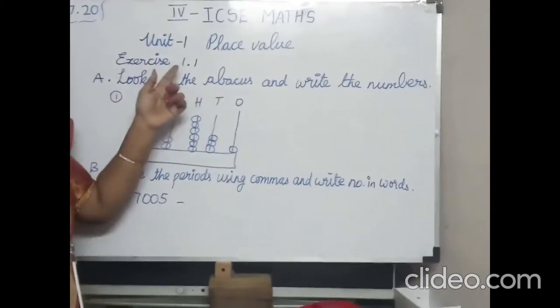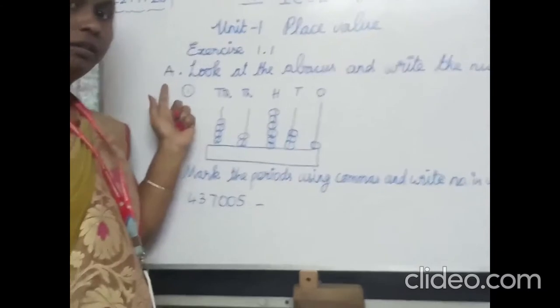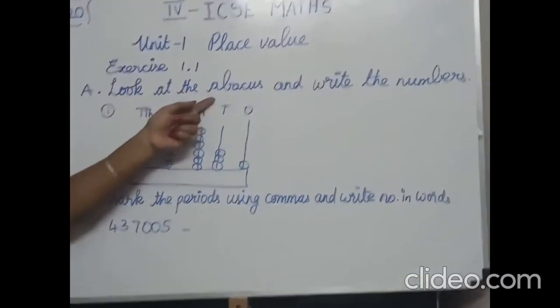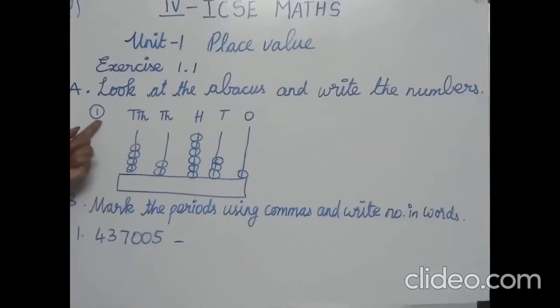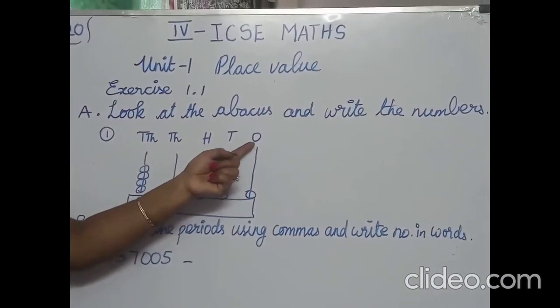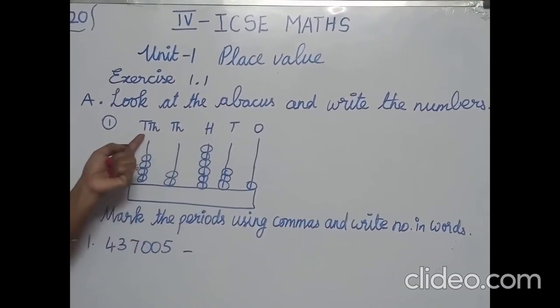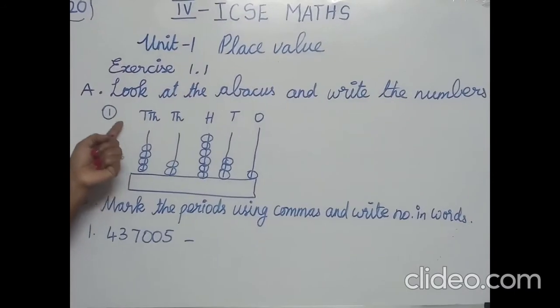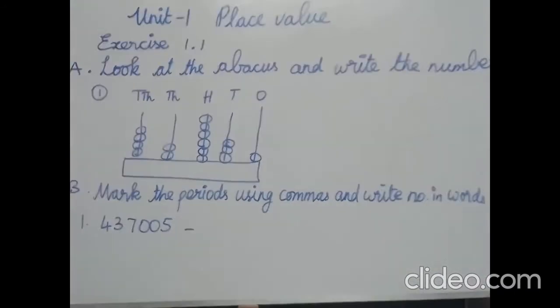In exercise 1.1, we have the first A Roman letter here. So look at the abacus and write the number. Okay, see here, first sum I draw here. So first you have to see the place value. Ones, tens, 100, 1,000, 10,000. So we need to look at the abacus and write the number for this abacus.